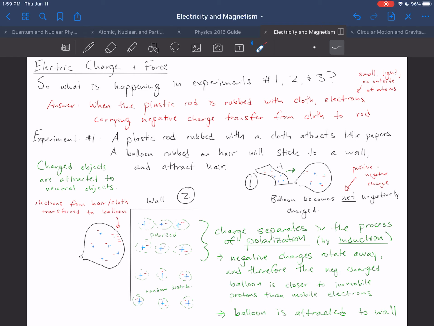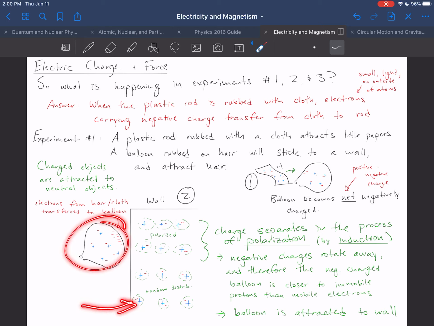Now, how does this explain the attraction? Why does the balloon stick to the wall? Well, the key thing to note is that if the negative charges, which are repelled, scoot away from the incoming balloon, then that negatively charged balloon is now closer to the positive charges in the wall than it is to the negative charges in the wall, at least near the balloon.